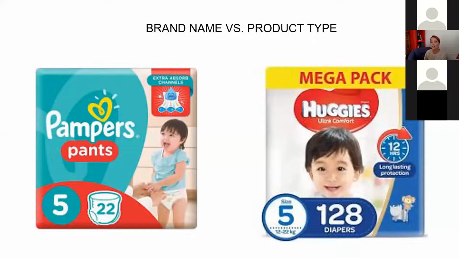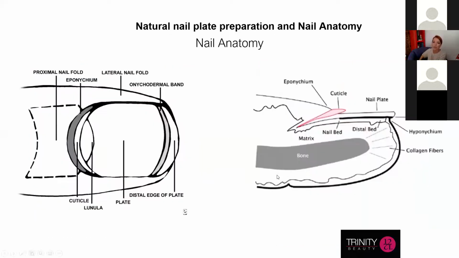So the next slide I will go to is nail anatomy. Why do I want to show you that? Because in many cases, customers may complain that their gel polish always peels off next to the cuticle, basically from the top part. This has something to do with the manicuring. You can see on the right side of the screen, red color, which we call cuticle.